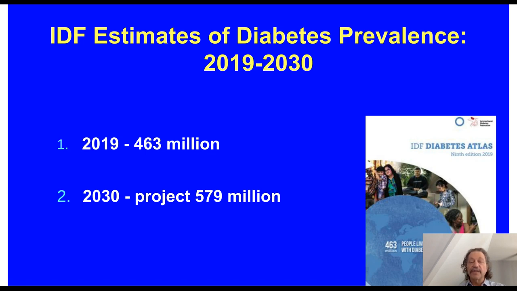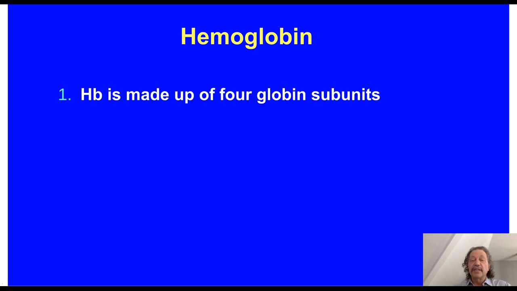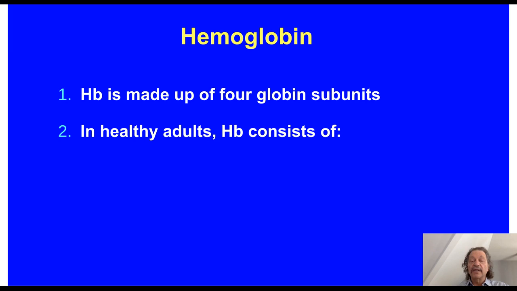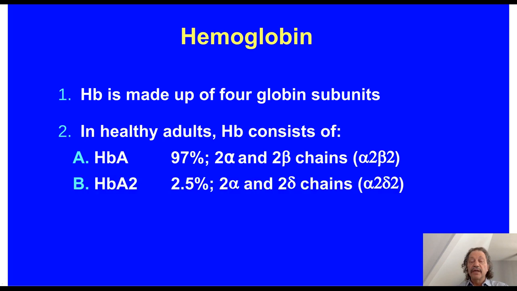So with that background in mind, let's talk a little bit about hemoglobin, and just a brief background about hemoglobin. It is made up of 4 globin subunits, and in healthy adults, hemoglobin consists predominantly, 97%, of hemoglobin A, which has 2 alpha and 2 beta chains.